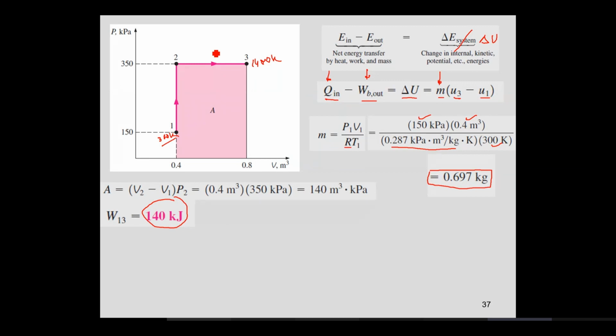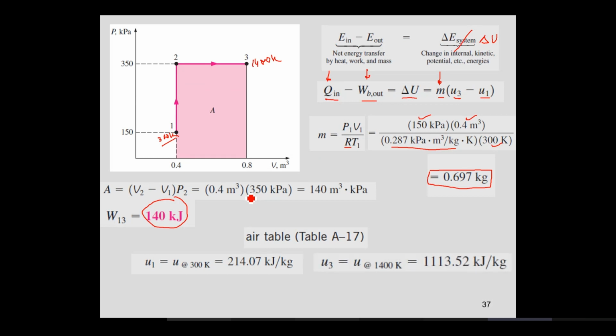Air is an ideal gas, and the easiest thing is to go to table A17 for air, and you can find that for air, U at 300 Kelvin is 2134.07, and for 1400 is 1113.52. You just have to plug in the values, and this would give you the total heat which is being supplied to the system. Clear enough?